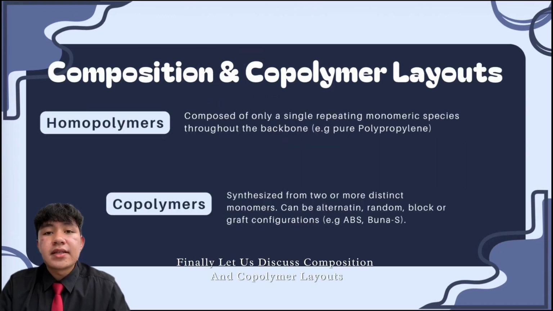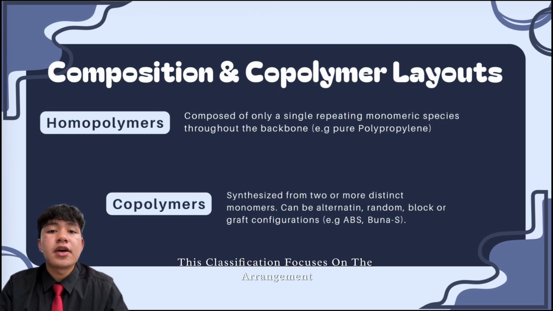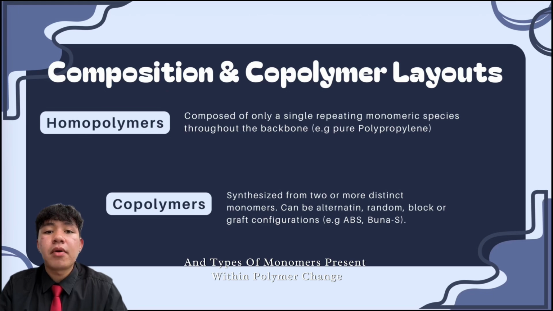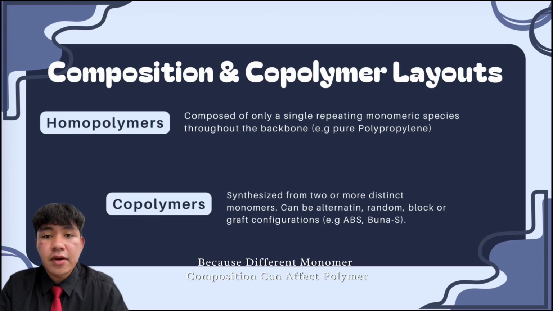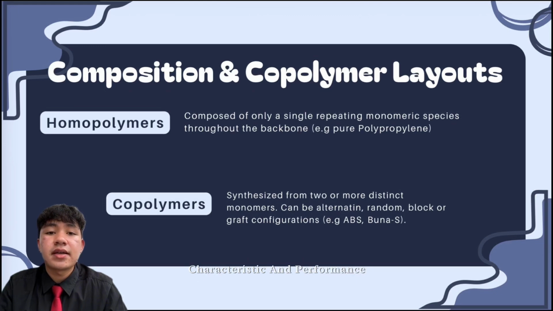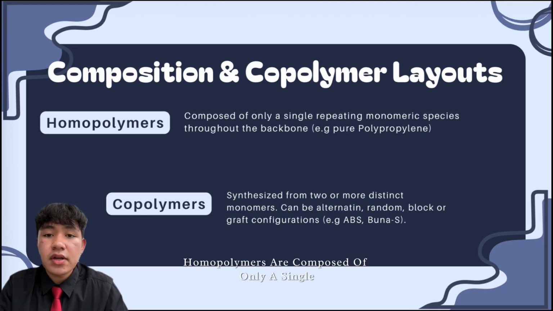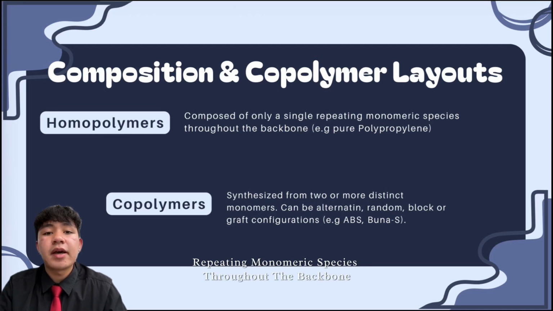Finally, let us discuss composition and copolymer layouts. This classification focuses on the arrangement and types of monomers present within polymer chains because different monomer compositions can affect polymer characteristics and performance. Homopolymers are composed of only a single repeating monomeric species throughout the backbone.